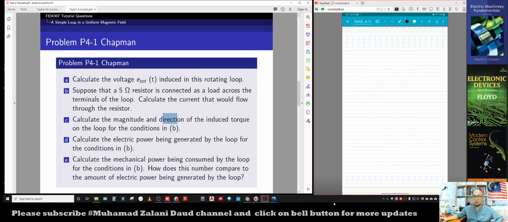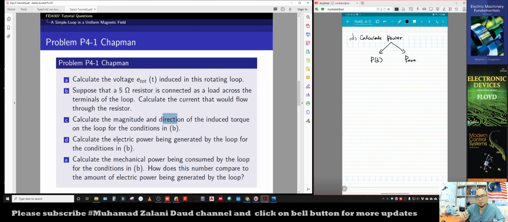All right, now D: calculate the power being generated by the loop for the condition in B. If we want to calculate the electric power, we can calculate the instantaneous power p(t) or the average power.